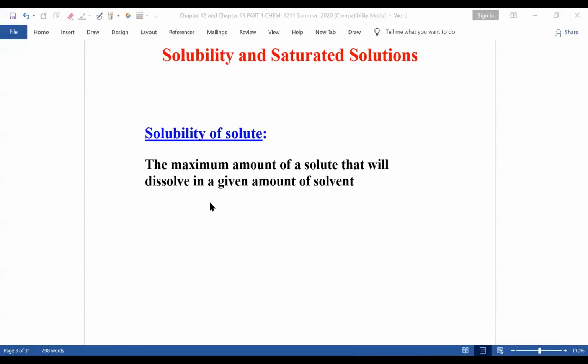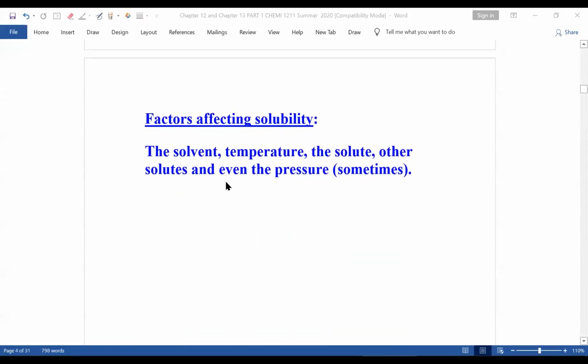But solubility is an important concept you should understand. That's the maximum amount of solute that will dissolve in a given solvent. Now, as I mentioned when we saw that table where they had temperature, I won't ask this on a test, but you should know factors that affect solubility, how much of a solute you can dissolve in a solution.